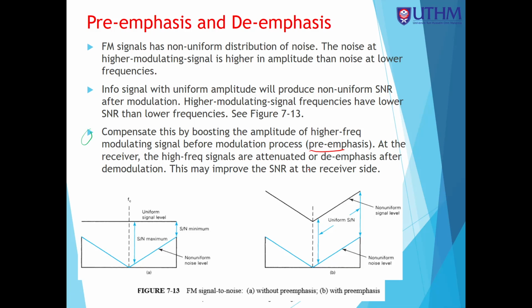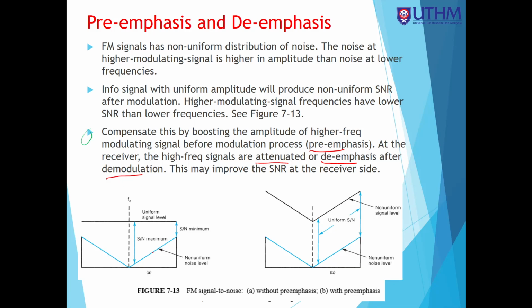We increase at the transmitter and we reduce at the receiver. We attenuate the amplitude of the signal, which is what we call de-emphasis, after the demodulation process. This will improve the SNR.